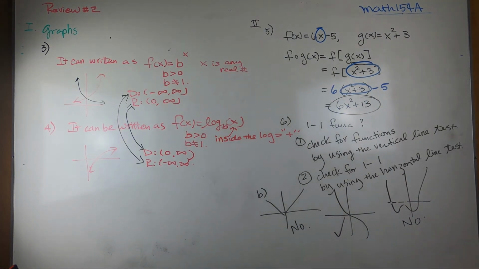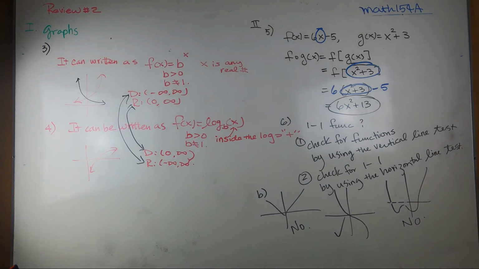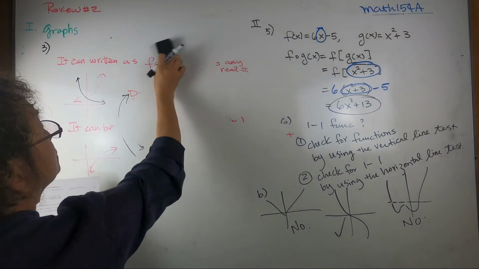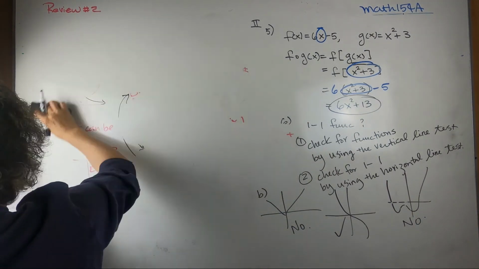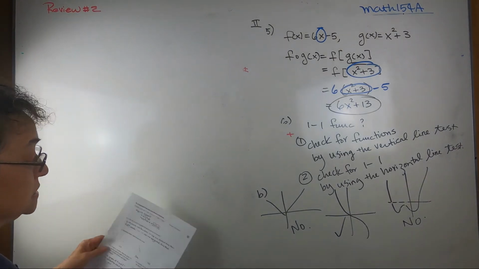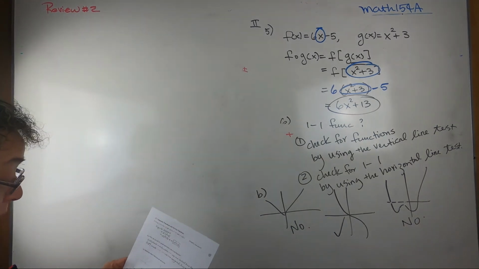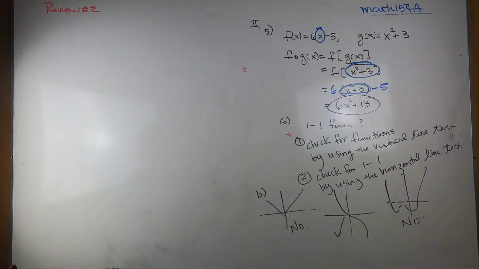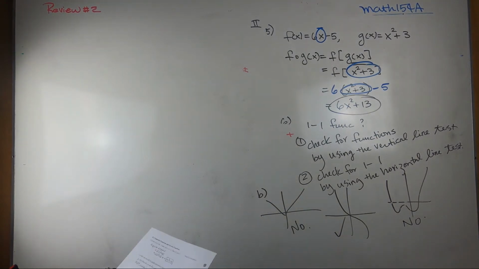That's how we do composite function and check for one-to-one functions. Also, we are going to do inverse functions. So for inverse functions, we might have the graph, we might have the equations for you. So you might do both.